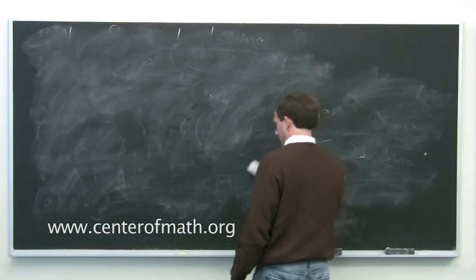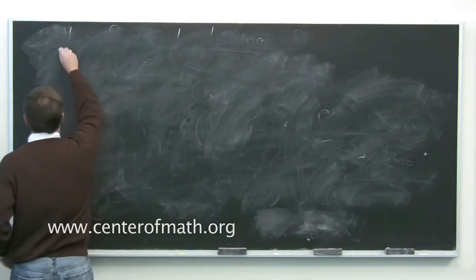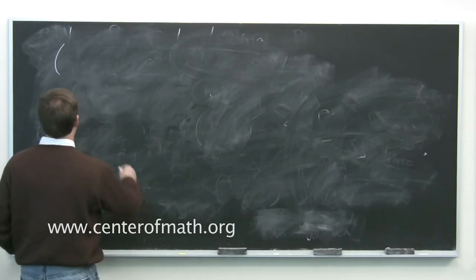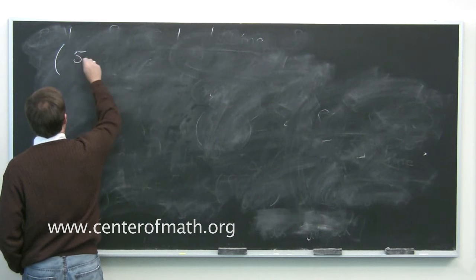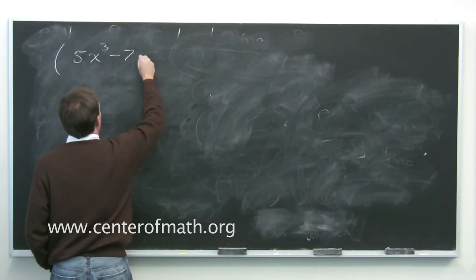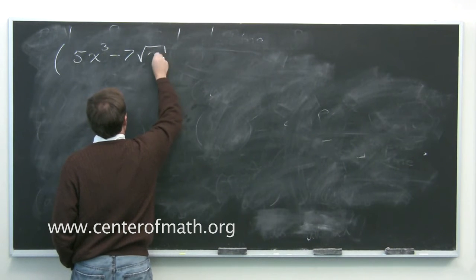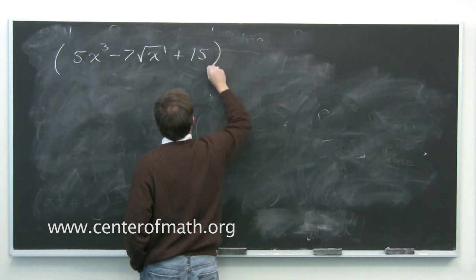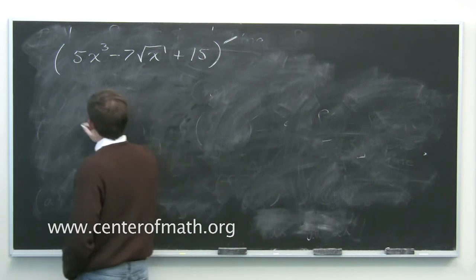So for instance, let's just use the power rule and linearity several times. Like, let's differentiate 5x cubed minus 7 times the square root of x plus 15. What's the derivative of this?